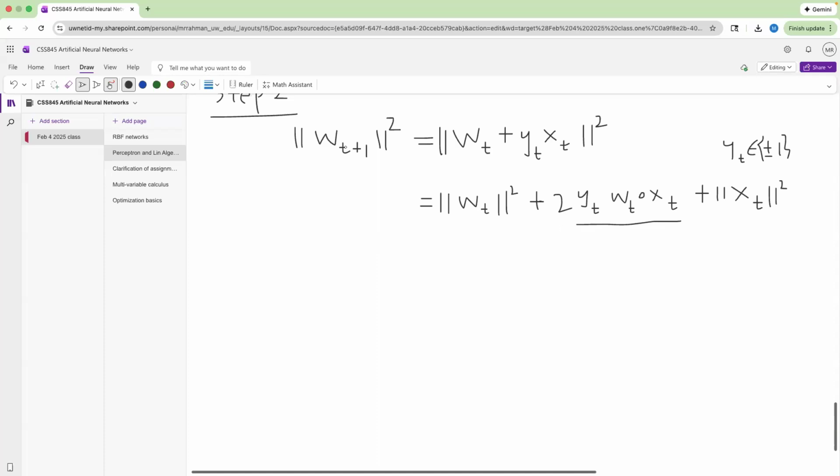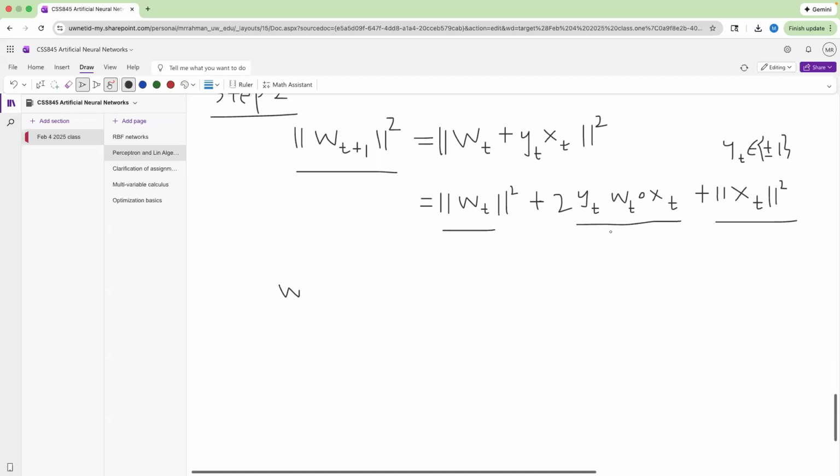So that means when we are doing this math, this is going to be a negative number, right? Very good. So this term is this term plus a negative number. This is a square, a positive number, a positive number, and a negative number. So this is going to be less than these two squares.